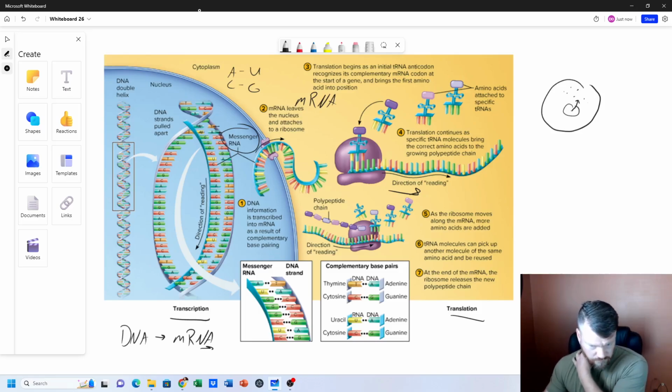So the thing that happens on the messenger RNA in the ribosome is there would be a sequence. Notice this AUG here. That would be the first sequence of the messenger RNA, AUG. And what happens in the ribosome is this transfer RNA, sometimes called tRNA, is going to transfer an amino acid over.